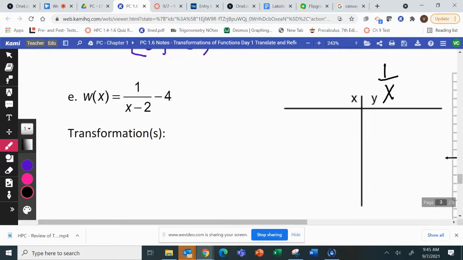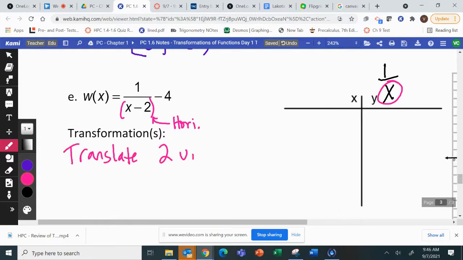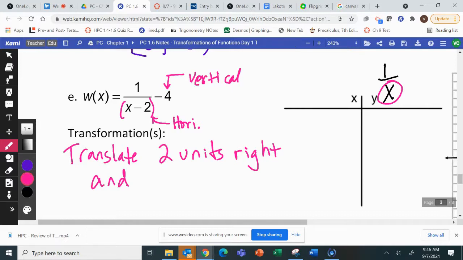The horizontal transformation would be the denominator because that's where the x is normally, and we know that's inside the function, so it's opposite. So this would be translate 2 units right. And then this -4 out here would be vertical, 4 units down.